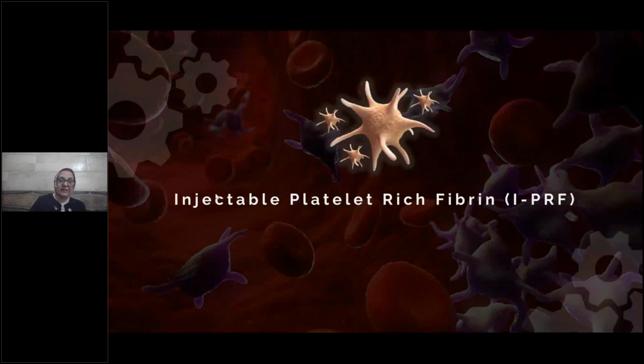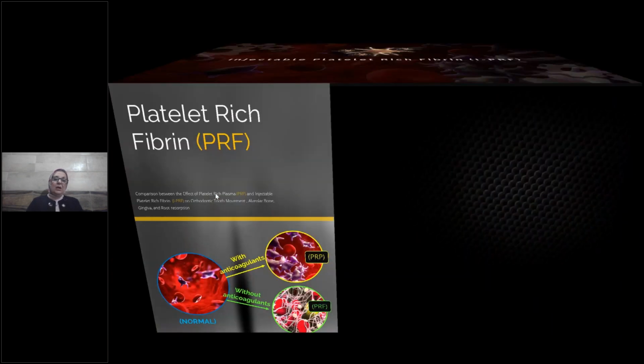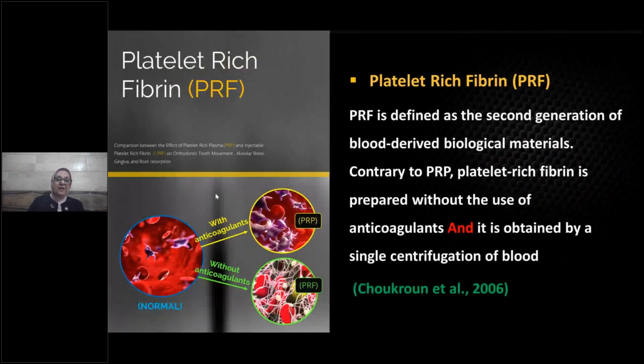About injectable platelet-rich fibrin: PRF is defined as the second generation of blood-derived biological materials. Contrary to PRP, platelet-rich fibrin is prepared without the use of anticoagulant, and it is obtained by a single centrifugation of blood.